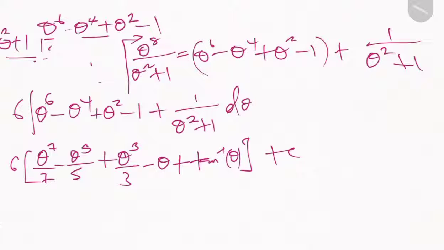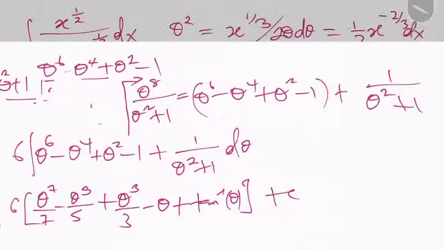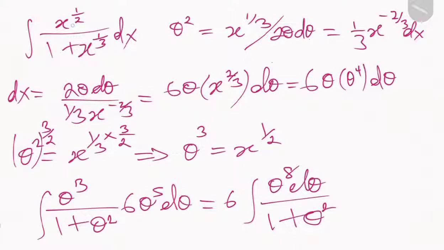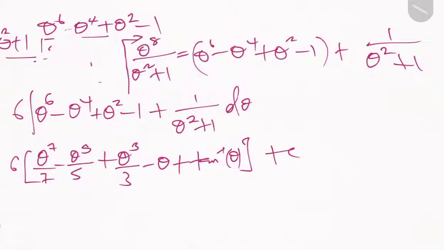Of course, we are not done because the question was given to us in terms of x. So let's plug back the value of x with respect to theta. So let's use this relationship. Theta squared is equal to x raised to the power 1 over 3.